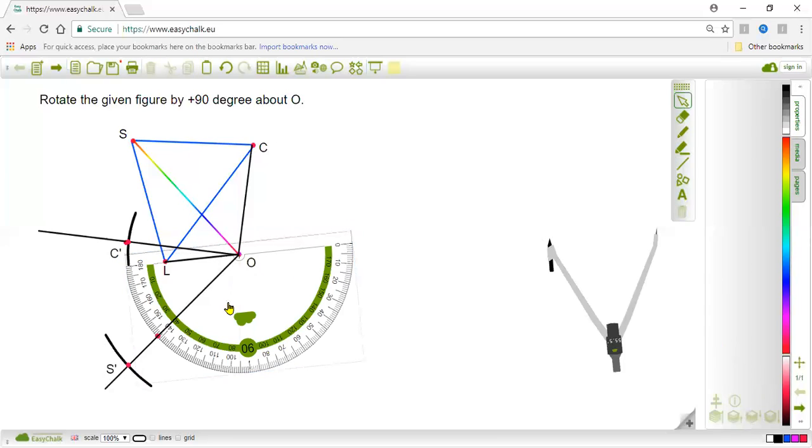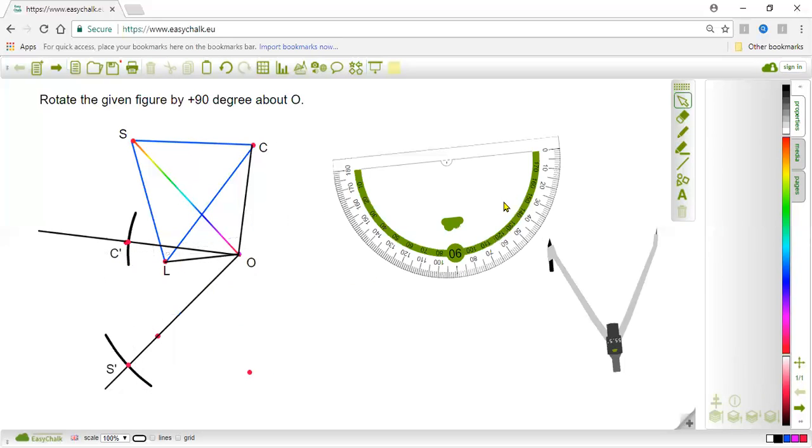If we put our protractor like this, then the angle with this LO line at this point O will be in the anti-clockwise direction. Let me mark the 90 degree point. This is the 90 degree point, and this angle will be in the anti-clockwise direction if we put the protractor like this. Let me remove this protractor and connect this point O to this point.